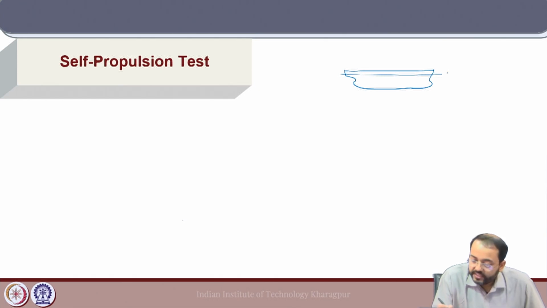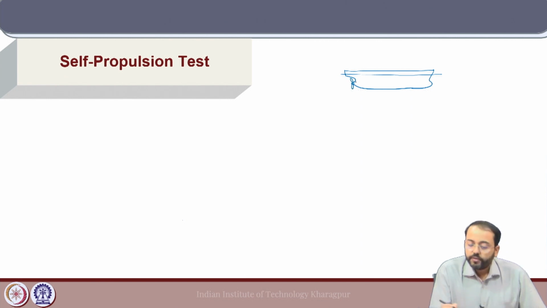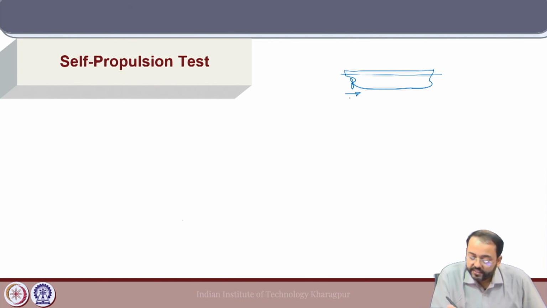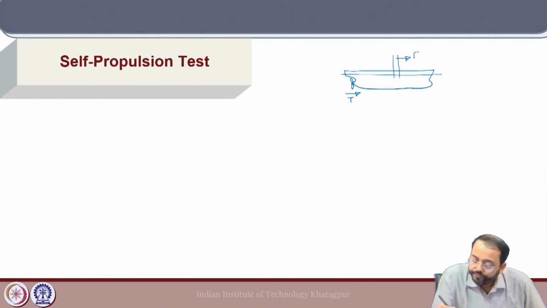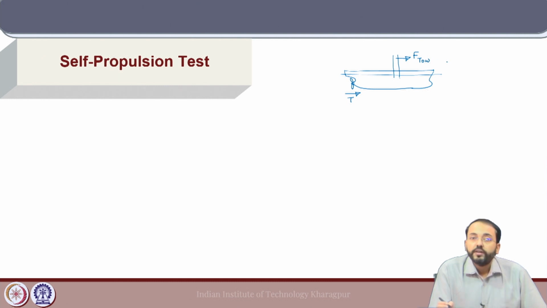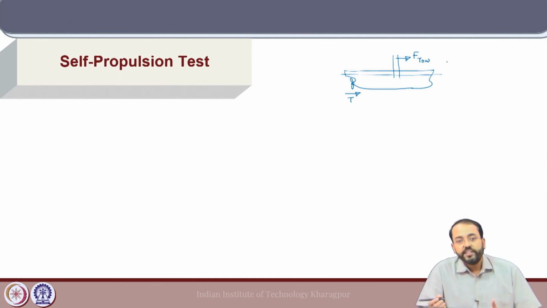So, we have the model ship which is propelled with the help of this propeller providing a thrust T, and we have the resistance dynamometer here which is providing a tow force, which is connected to the carriage. It is moving forward at a specific speed.